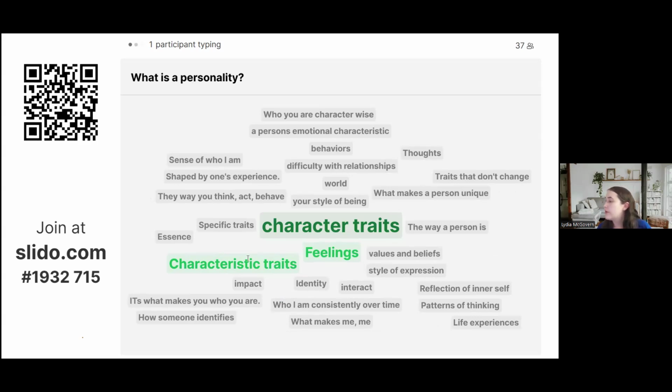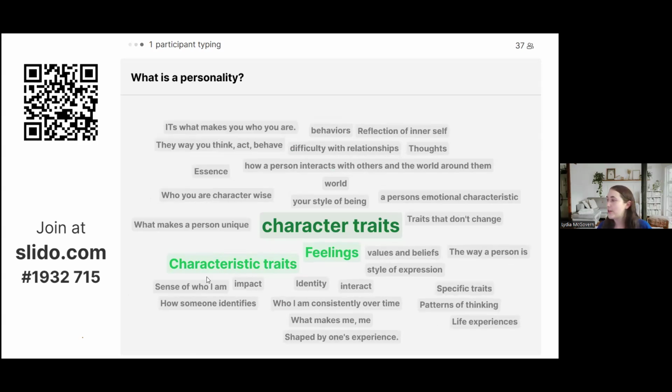But it seems like our biggest one is character traits and characteristic traits, which is really similar. Okay. So seems like that's about everybody. So we seem to all kind of be on the same wavelength there with characteristic traits, character traits, what makes a person unique. I'm thinking thoughts, actions, and feelings is where a lot of these are coming from, essence.